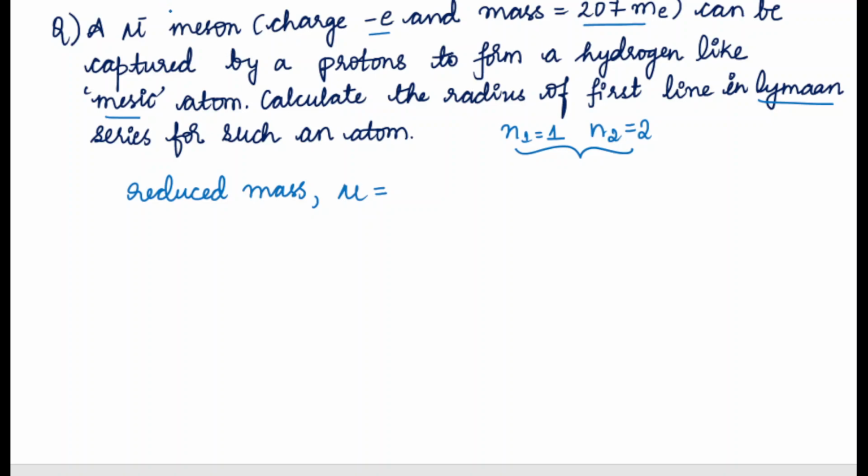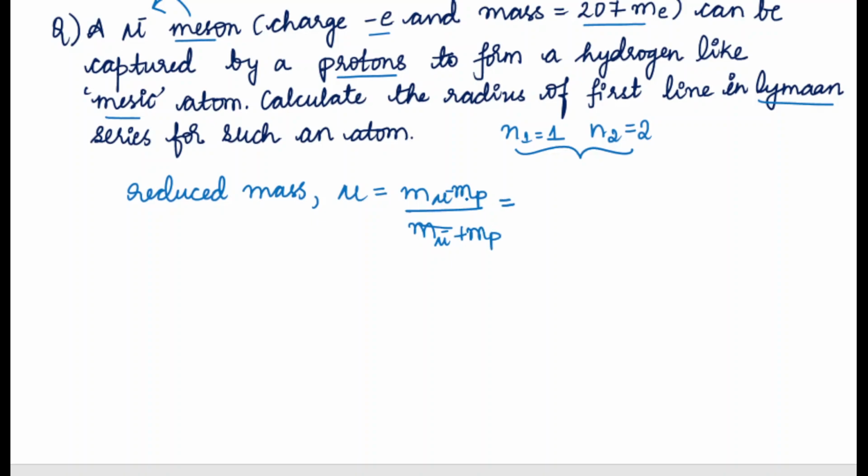Here protons and mesons are present, so the mass of a meson, under meson we have a muon. The mass of the muon into the mass of the proton, divided by the mass of the muon plus the mass of the proton.